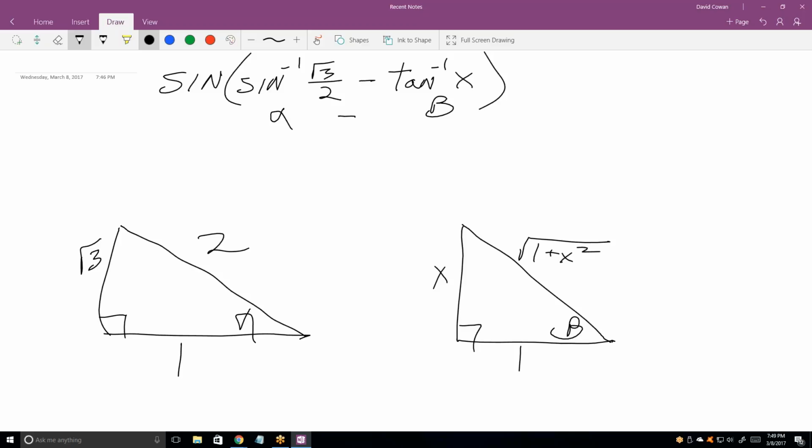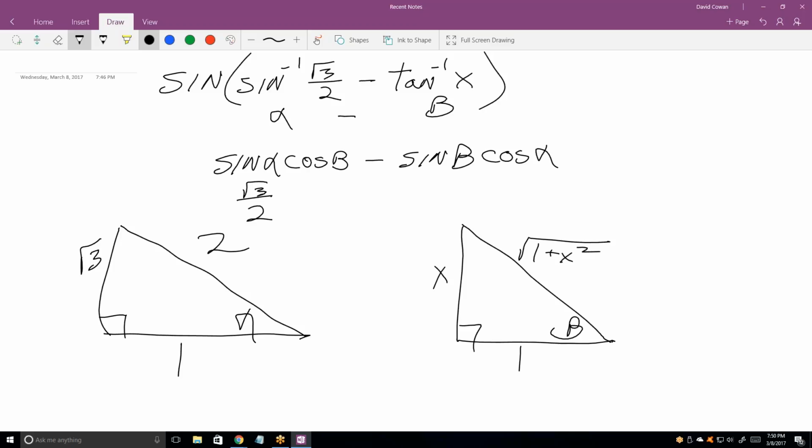So now let's use the sum and difference formula. It becomes sine A cosine B minus sine B cosine A. Now let's fill in for everything. What's the sine of alpha? Root 3 over 2, from either reading the triangle or this.